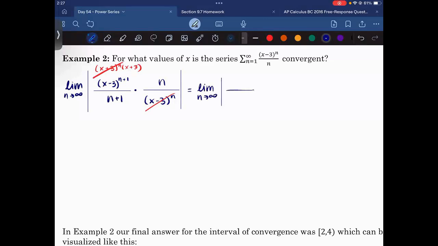So now we have n times (x minus 3) over n plus 1, and we should recognize that if we're taking n to infinity, this fraction is going to go to 1. And now we're going to have just the absolute value of x minus 3.